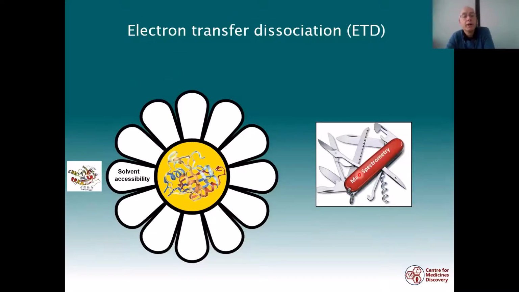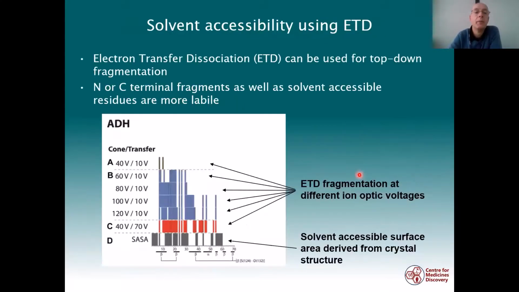Another way of looking at solvent accessibility is by using ETD. We discussed ETD, I think, in the second or third lecture. So ETD is electron transfer dissociation. This is another method of causing fragmentation that can run alongside a CID. It's a method for top-down fragmentation.